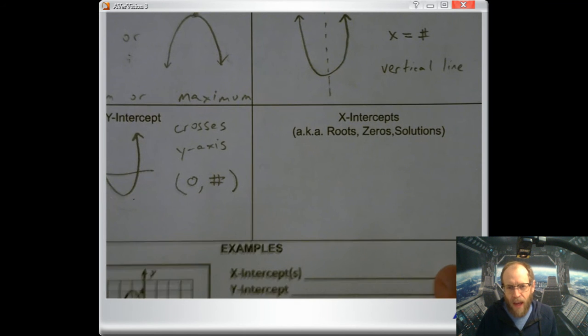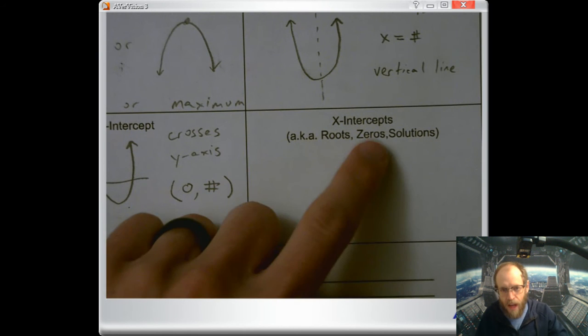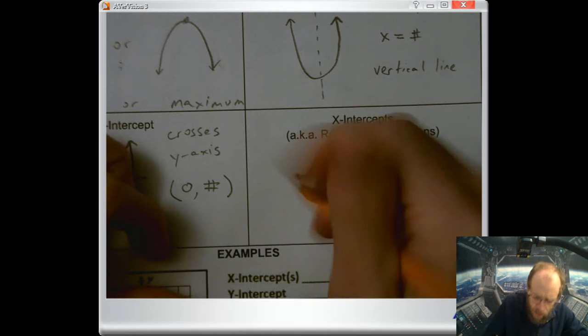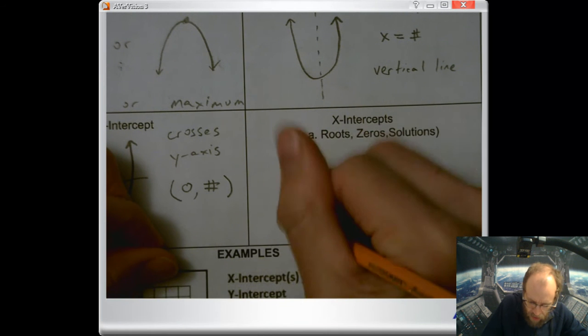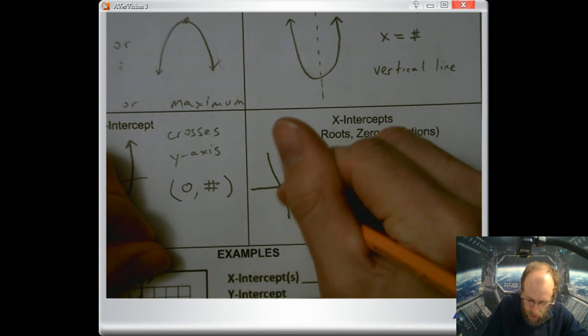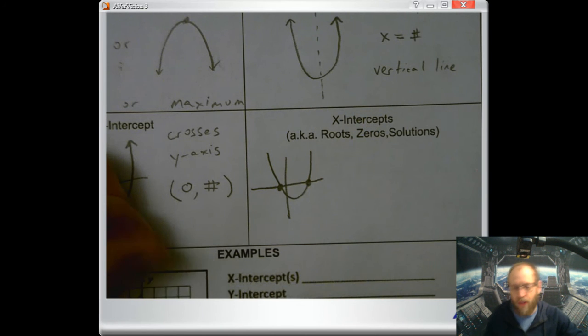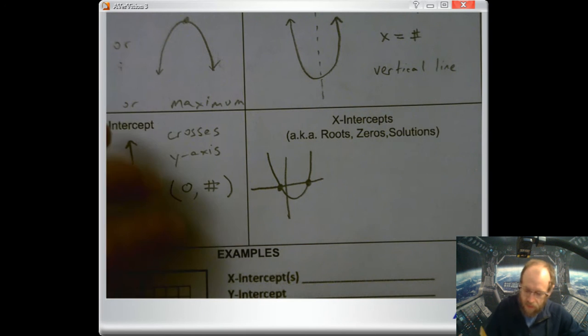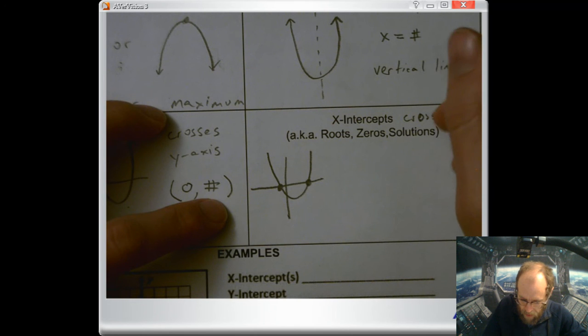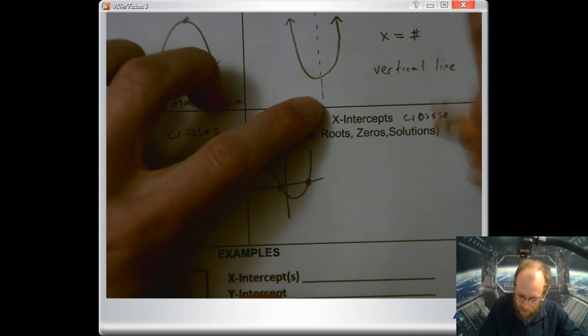Now let's talk about the x-intercepts. And there are some different names we use for the x-intercepts we'll talk about a lot more in the future. So first off, the x-intercepts are going to be where your parabola crosses the x-axis.